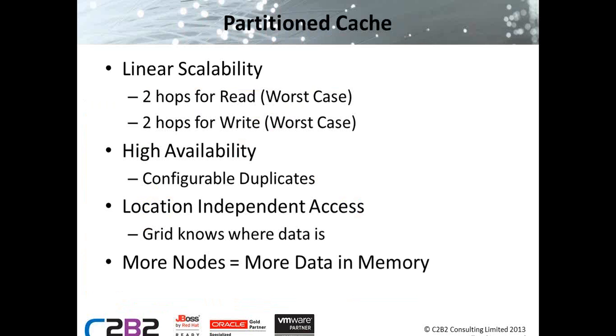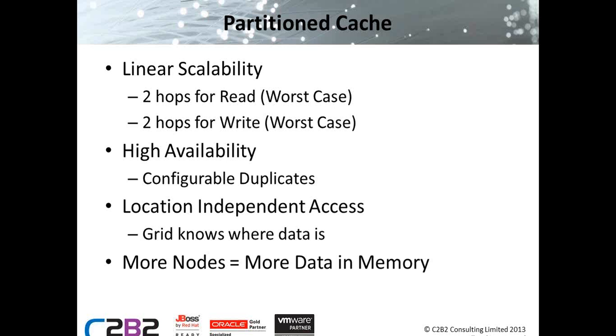The big key about partitioned caches is that they give us linear scalability. Essentially, no matter how large the cache is, the worst case number of network hops when you put data into the cache is 2 hops.